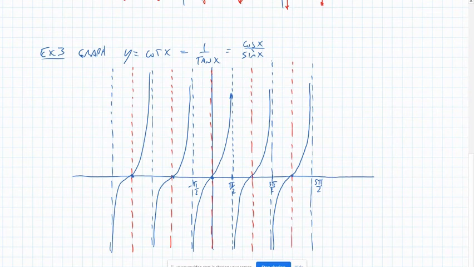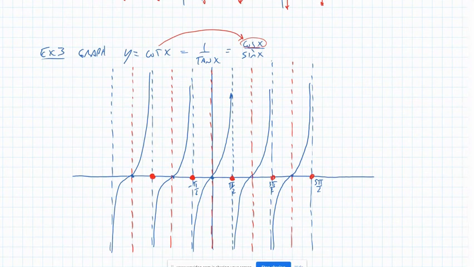And since cotangent can also be written as cosine over sine, whenever cosine is 0, that's going to make cotangent equal to 0. And so cosine equals 0 at pi over 2, 3 pi over 2, 5 pi over 2, and so on. So what used to be our asymptotes on the tangent graph, so that's the blue dotted lines, become zeros of the cotangent graph.